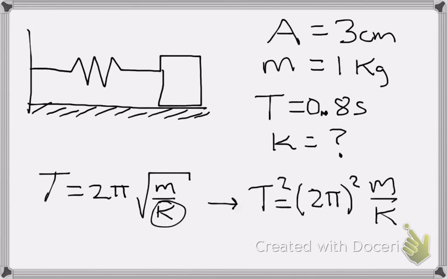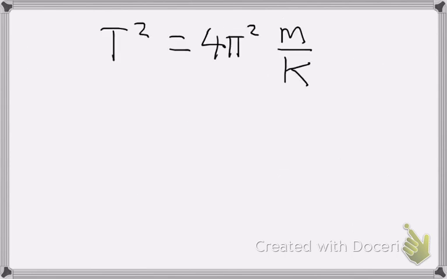I'm going to do a bit of algebra because that is the most inconvenient place in that equation to solve, because it's in the denominator of a square root. But it's not that bad. So square everything, and we'll have T squared equals the quantity 2 pi squared times m over k. And I'm going to remind you of a trick, or teach you a trick if you're not familiar with it. It's called cross multiplying.